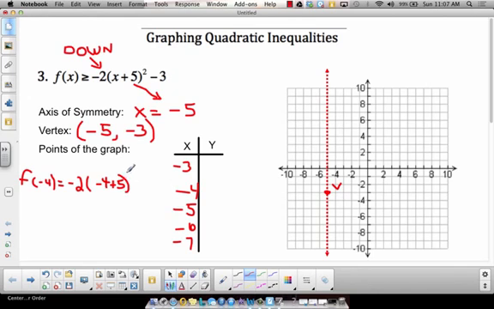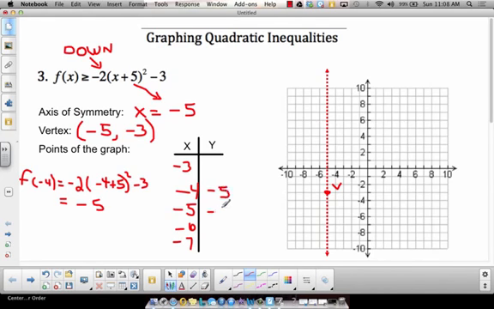Then I square that, and I'm going to subtract 3 from whatever I get there. All right, so -4 plus 5 is 1. When I square that, I still get 1. 1 times -2 is -2, and then I still have to deal with this -3, so I get -5. All right, so at this point here at -4, I'm at -5.